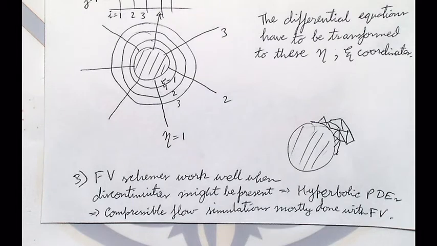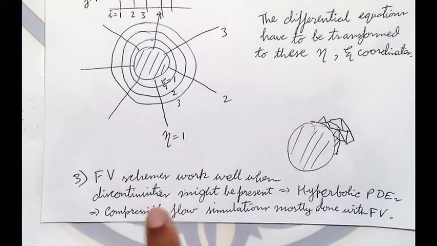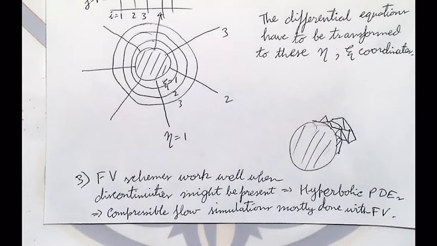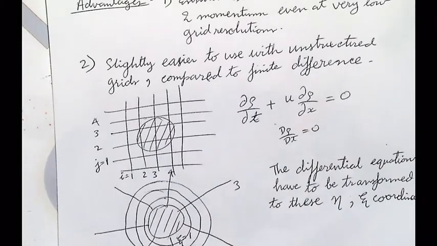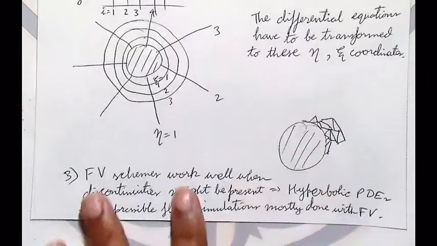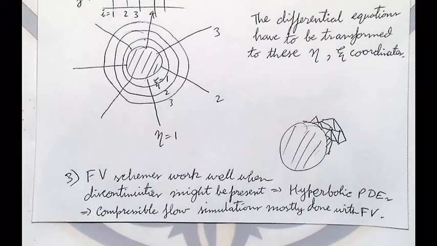Now, can you think about how exactly finite volume schemes are able to account for discontinuities? If you think about differential equations, d by dx would become undefined when you have an infinite gradient. So how are finite volume schemes able to work around this issue?